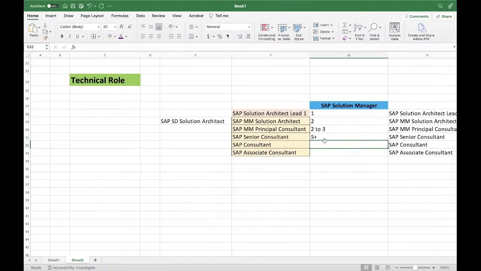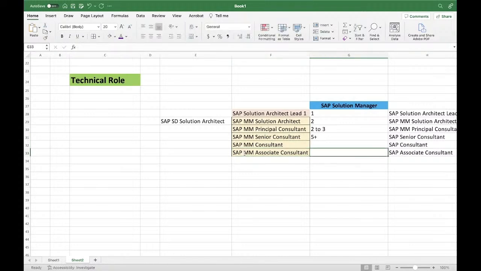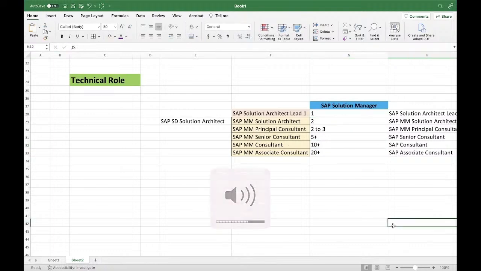Total SAP consultants may be... Okay, so what I want to explain to you is, you can say here principal consultant, or it's a triangle.